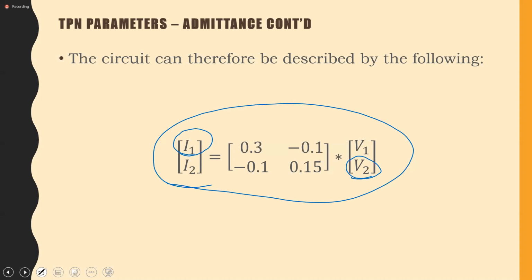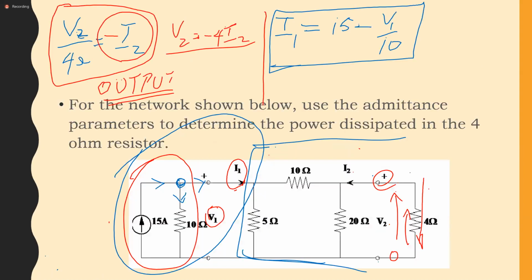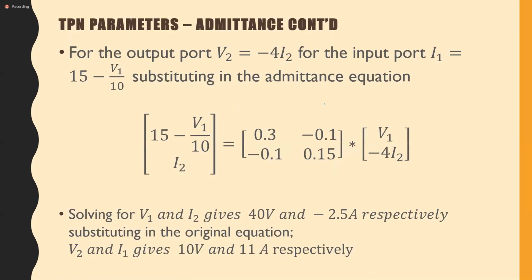That's all we have done. So we have one for V2, and one for I1, which is 15 minus V1 over 10. And this is V2. So I now have an expression where there are only 2 unknowns.